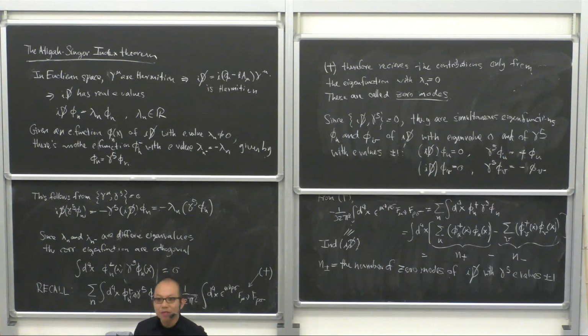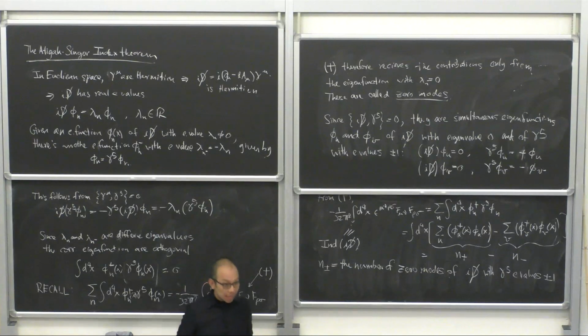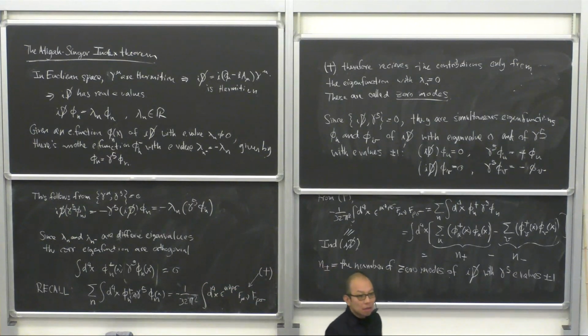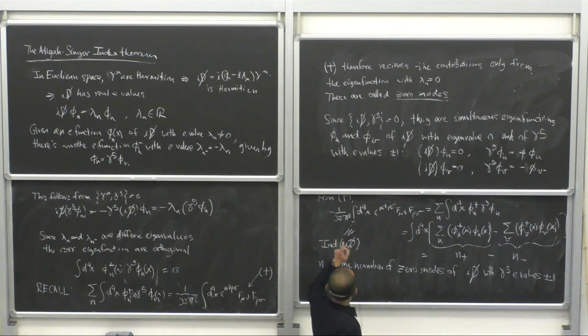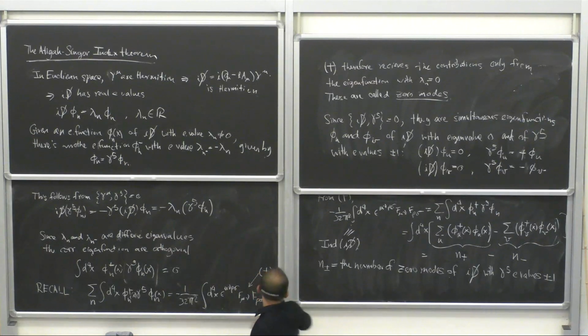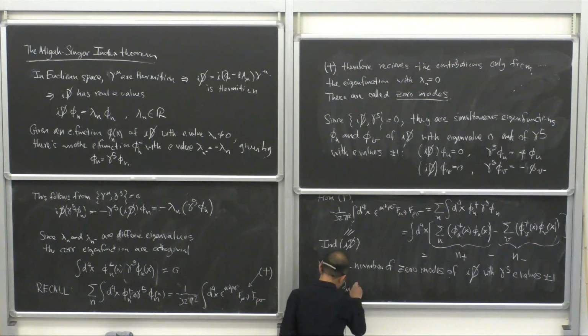Okay, yes, think about it. So, yes, please. You can put d mu j5 mu in the correlation function.